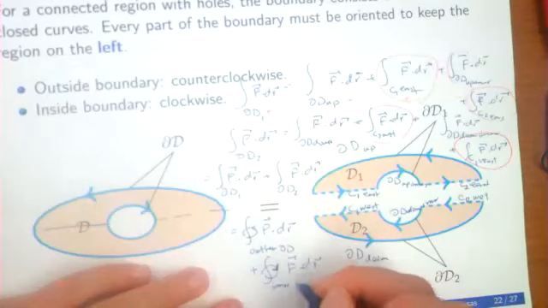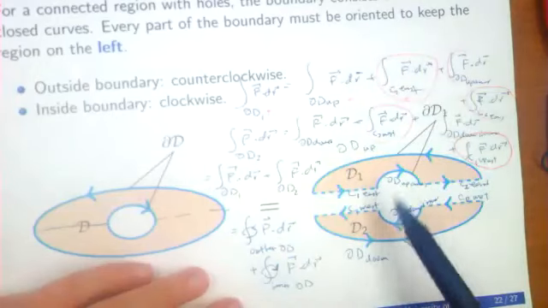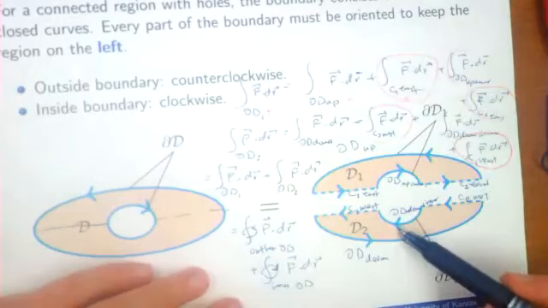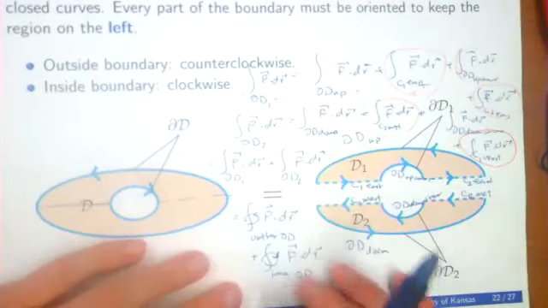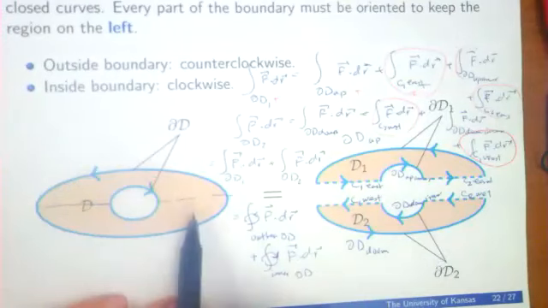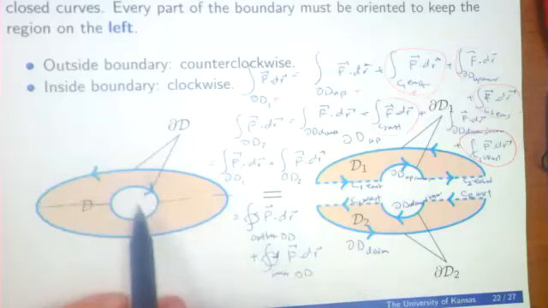So if I add all the boundary of the first one plus all the boundaries of the second one, I'm just going to get the outer boundary counterclockwise of the original, and plus the clockwise inner of the original.